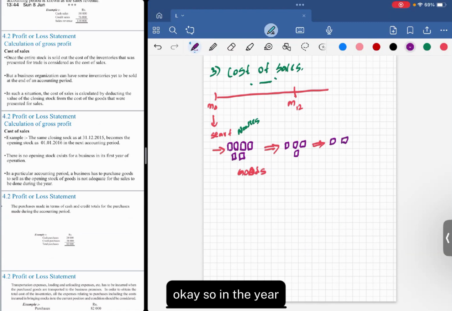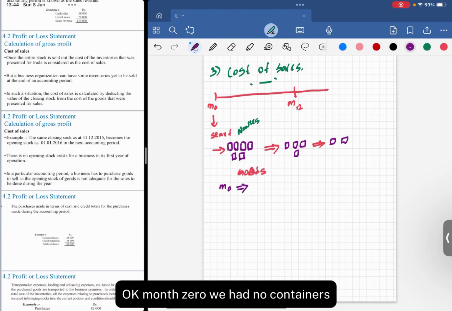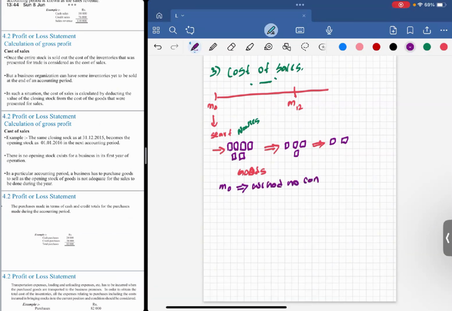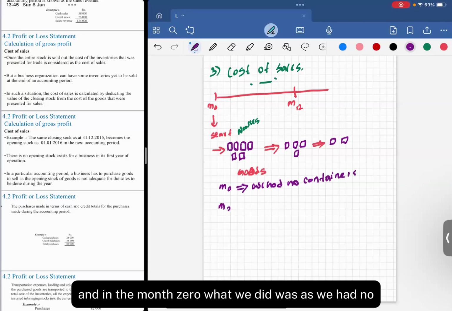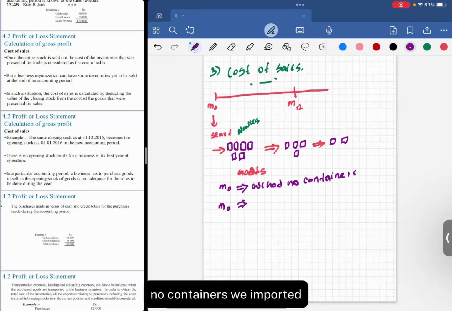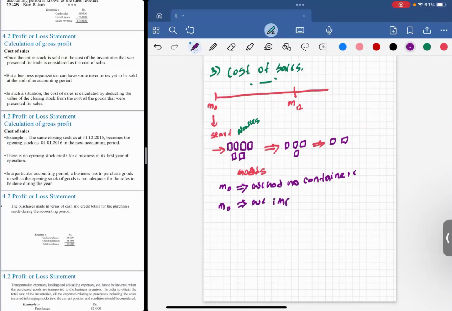So in the month 0, we had no containers, and as we had no containers, we imported 6 containers.